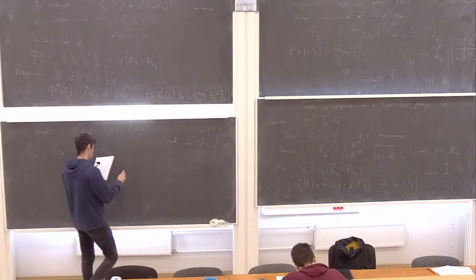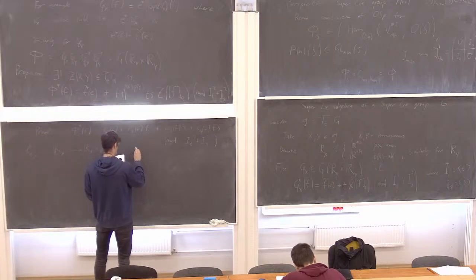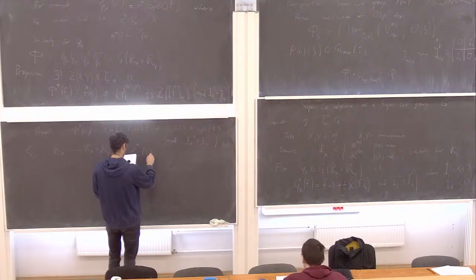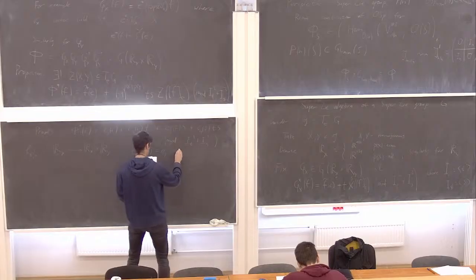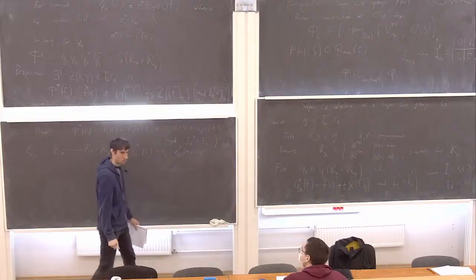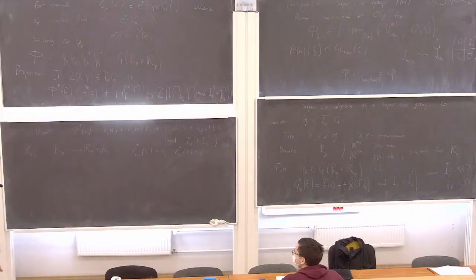And I just give it by pullbacks of coordinates. So L star of T0 of S is 0, and L star of T0 of T is T. So this is a morphism.